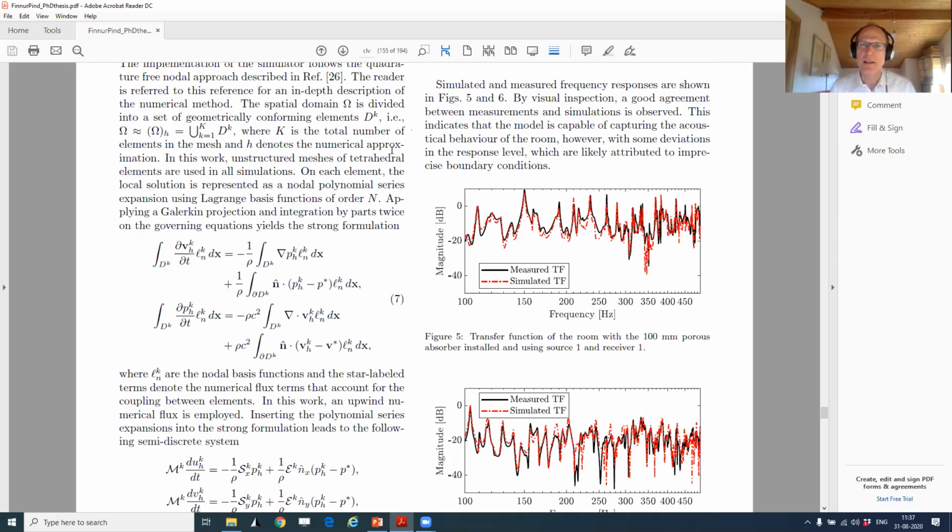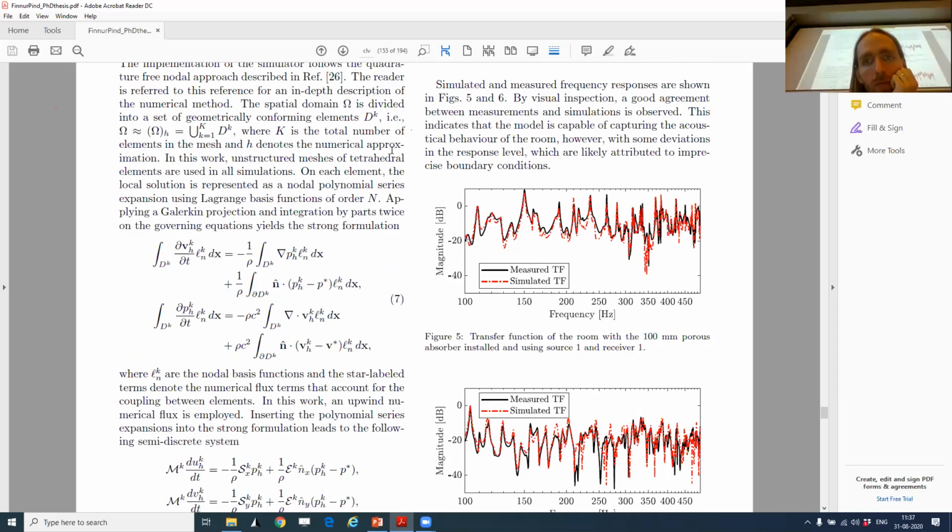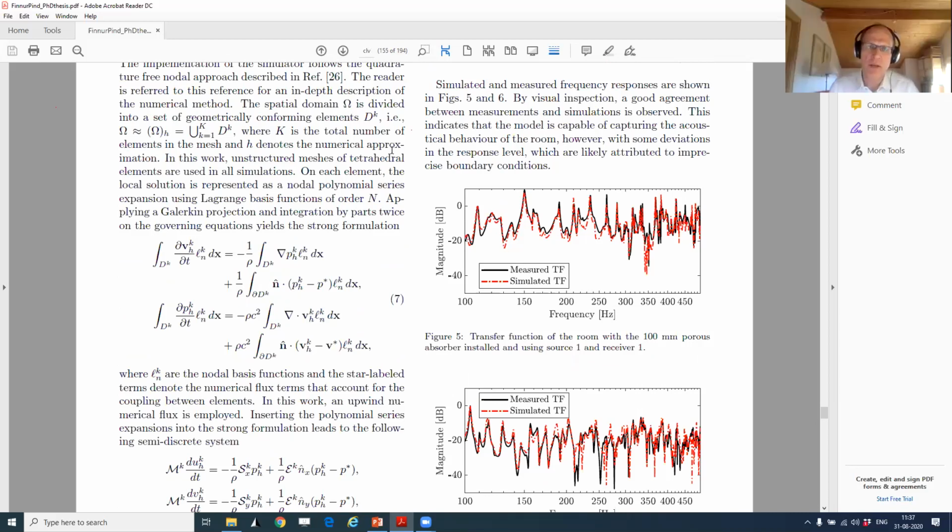That is a slightly different approach than the very careful error analysis of the time domain results. We could have done the same here, I guess, some kind of more careful or more quantified analysis.